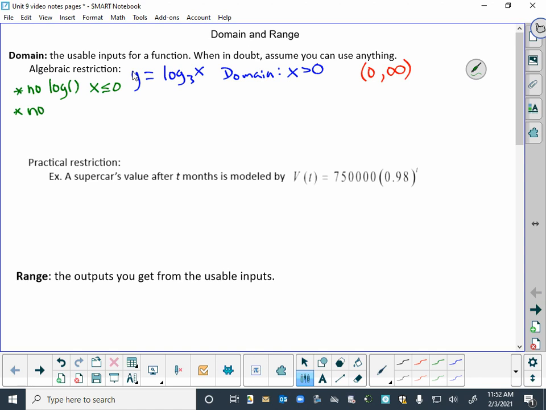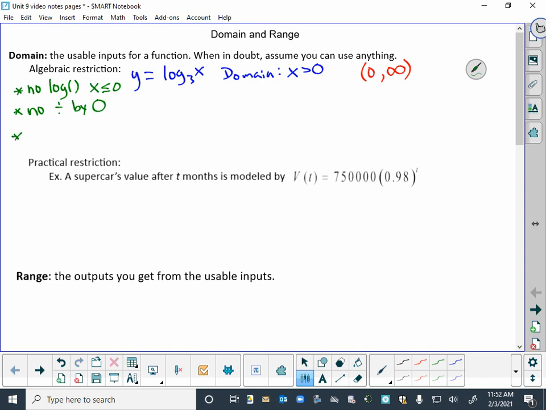So no division by 0. We'll do an example of one of those here, but we've known for a long time we're not allowed to divide by 0, so if an x shows up in a place where a number I put in would cause me to divide by 0, then I'm not allowed to use that value as an input.